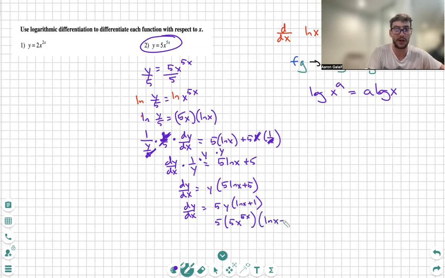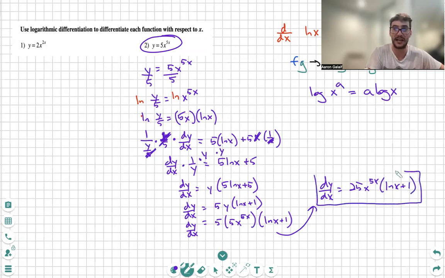We're going to plug that in, substitute for the value of y, and just clean up. And our final answer is going to be dy/dx is equal to 25x to the power of 5x times ln of x plus 1.